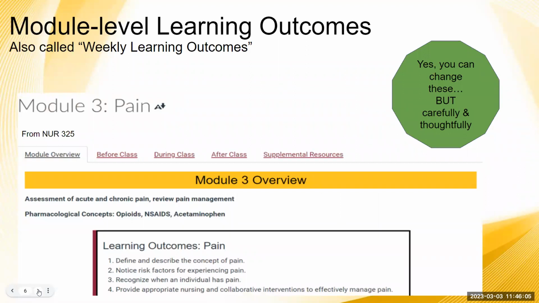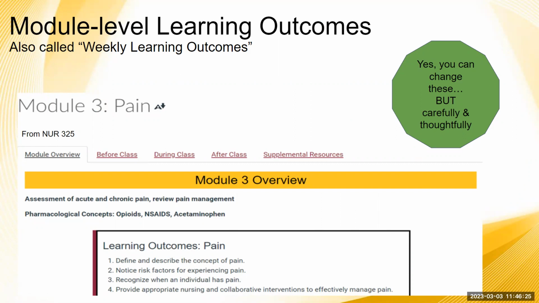So our final level is the module level learning outcomes. And these are the next level of learning outcomes that we as faculty work with most directly. They look like this in the Edson Canvas course. These are the specific details you are teaching in a single lecture or class session.